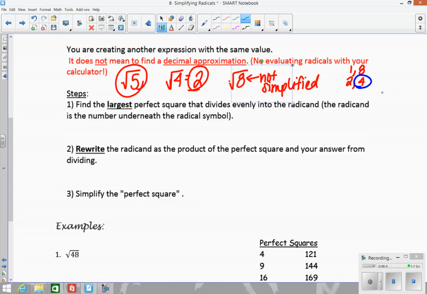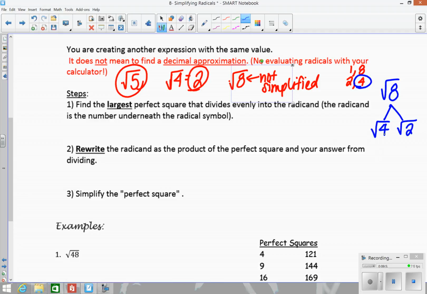What I mean by that is if I have the square root of 8, I can break it down as square root of 4 times square root of 2, because the two factors are 2 and 4. And what I always do is put the perfect square first and then the non-perfect square second. So 4 is a perfect square, but 2 is not. When I break this down, 4 is going to go out in front here under the square root, and then 2 will come after.